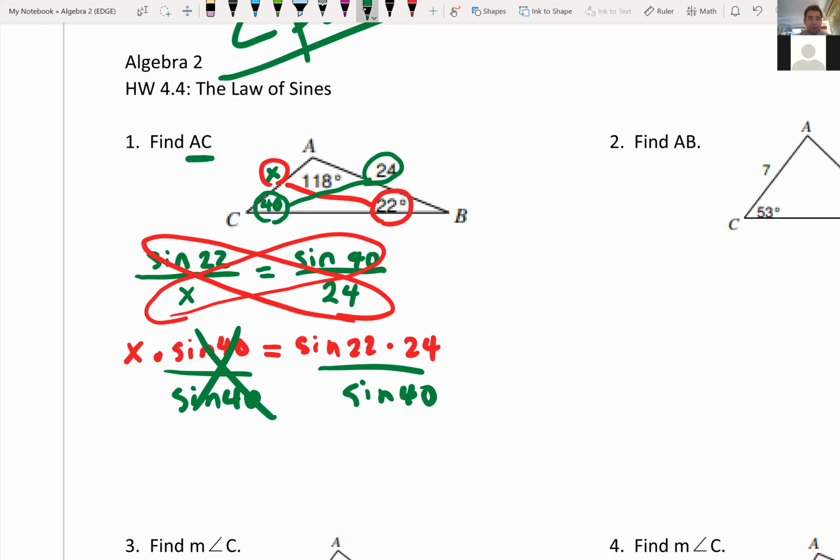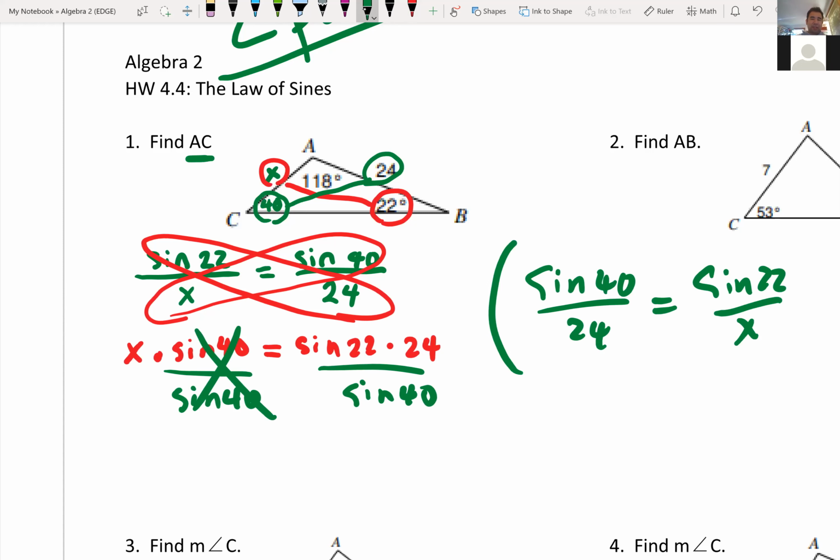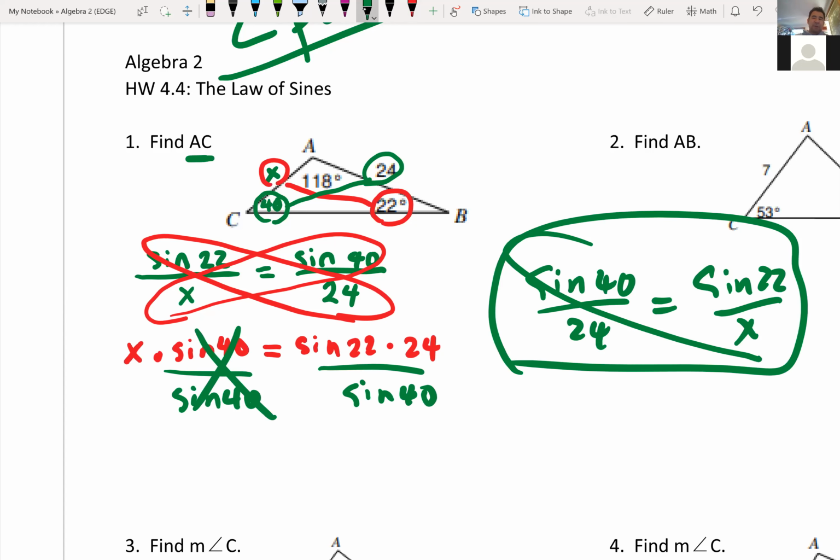You could also set it up as sine of 40 over 24 equals sine of 22 over x. That will work too, but if you cross multiply, you will still get the same thing.